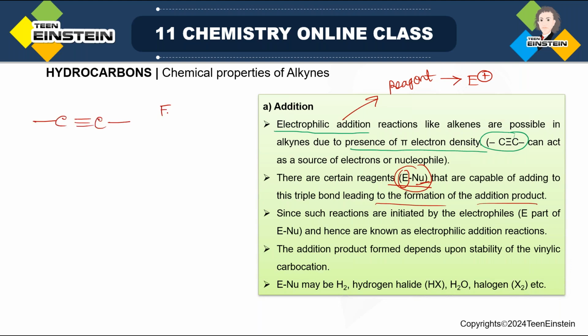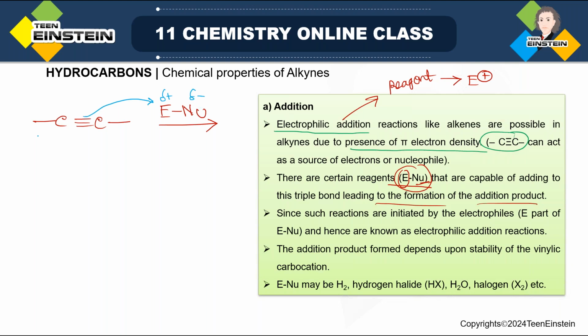Suppose, in general, I will write the mechanism first. You have E-Nu. In this E-Nu, the pi electron density will be attracted to the E part. So I can write here some delta plus charge and delta minus. Why delta? Because the bond between E and Nu is not fully broken, so you cannot put a full positive or negative charge. It is partial, a slight charge separation.